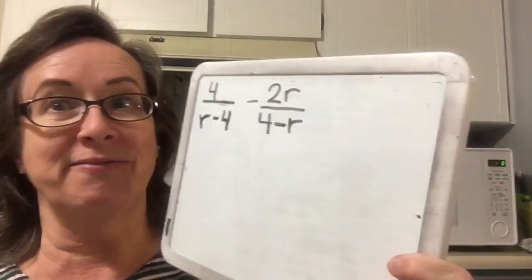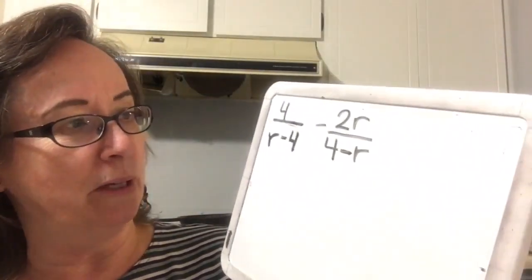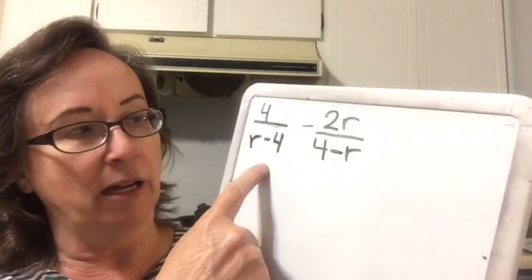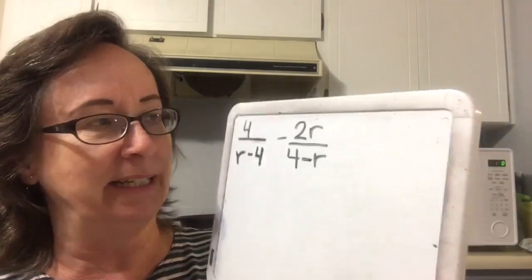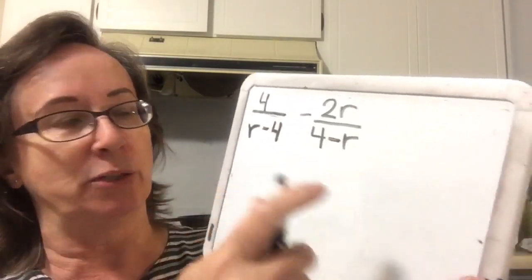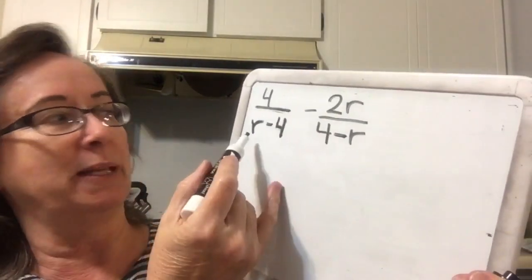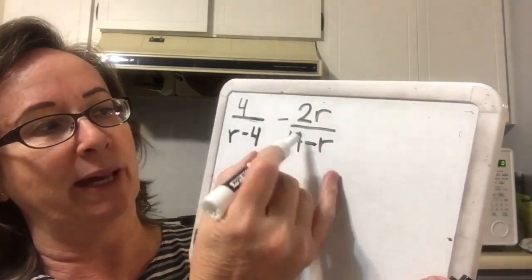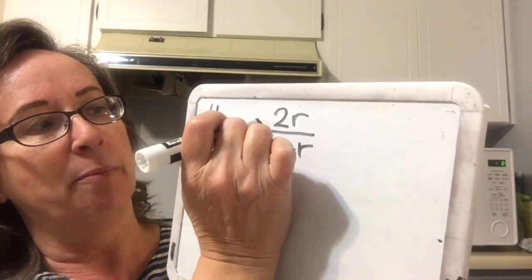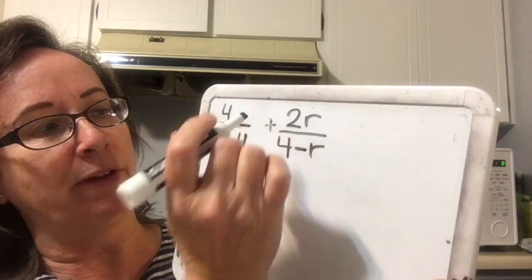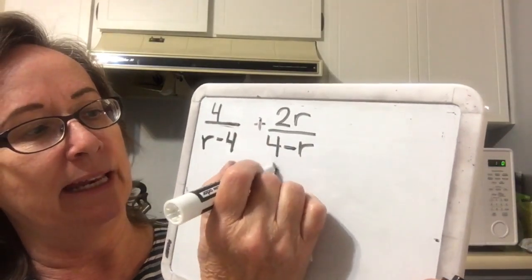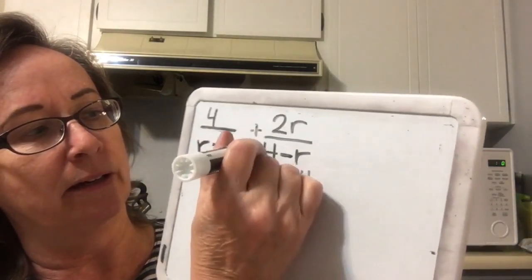Right, so now we are finishing up 8.2 with our denominators that are actually negatives of each other. So what I would do here, since this one is descending order, I would go ahead and change this one by multiplying by a negative on the numerator and a negative on the denominator.